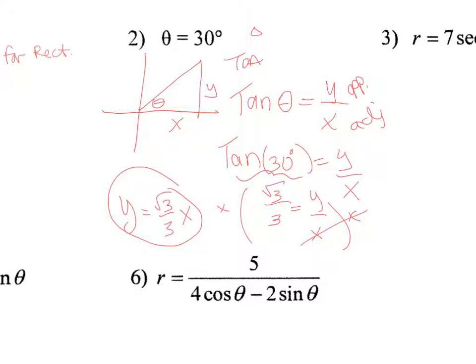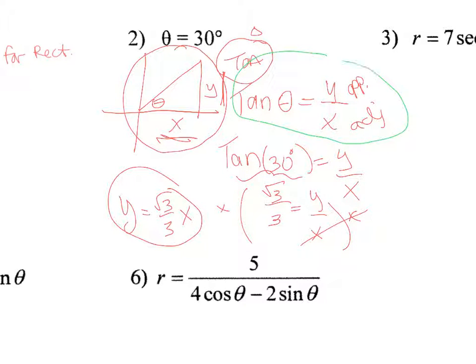So you know that if theta is 30 degrees, and when you look at this right triangle, x is the distance out this way, y is the height. You know that tan is opposite over adjacent. Since tan of theta is opposite over adjacent, the opposite of theta in this triangle is y, the adjacent is x. So tan theta is y over x.